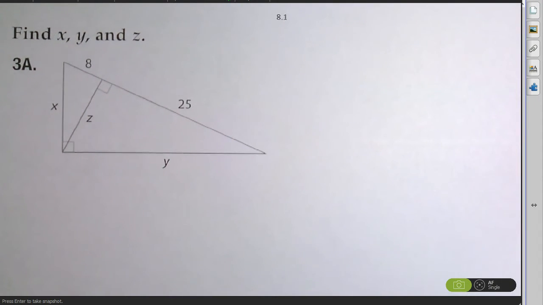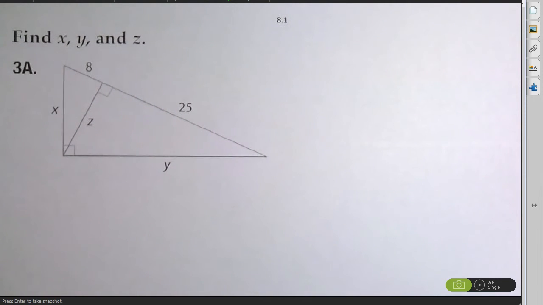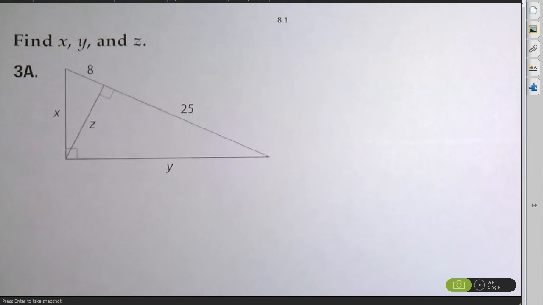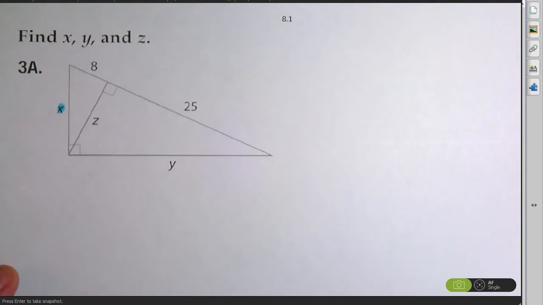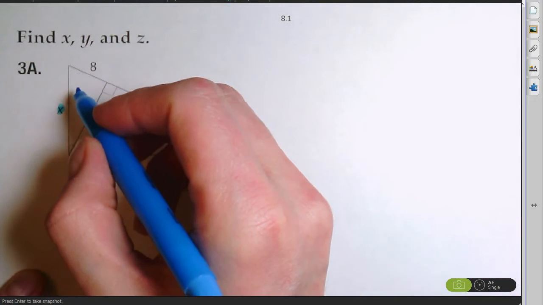So here we go. First, we're going to solve for x. We'll go in alphabetical order. You don't always have to, but in this case I can. Here's the key: x is a leg of the big triangle.